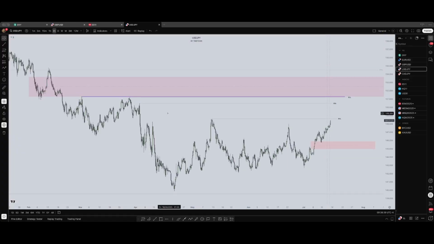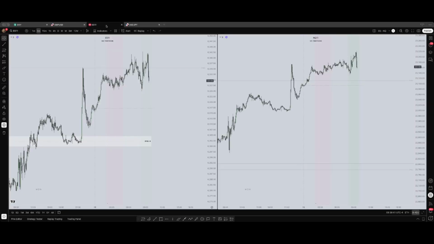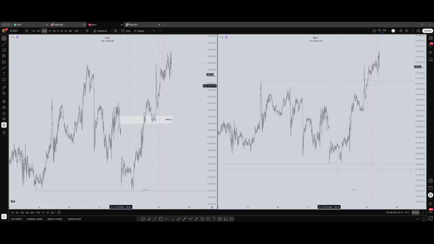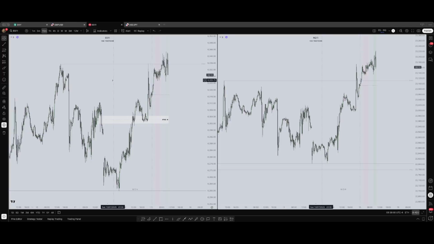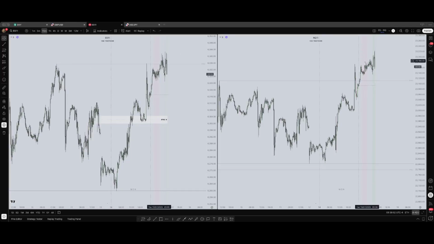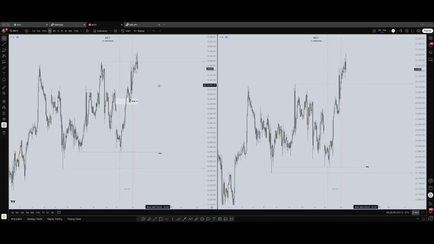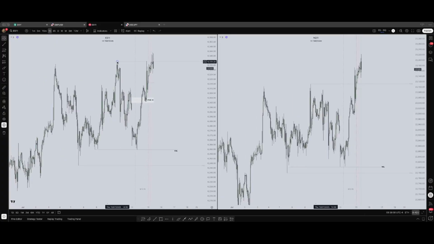So far we have that here. Let's go to ES and Nasdaq. We have asymmetry, is correct. We have a higher high also here, as you can see.